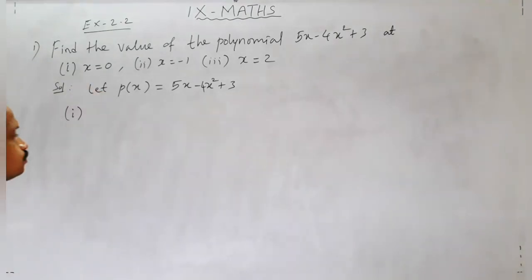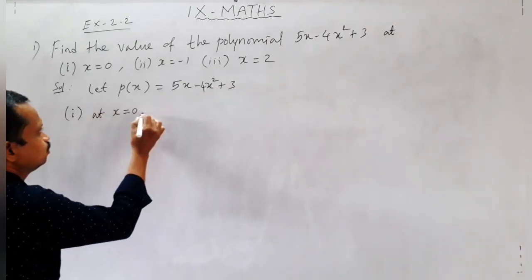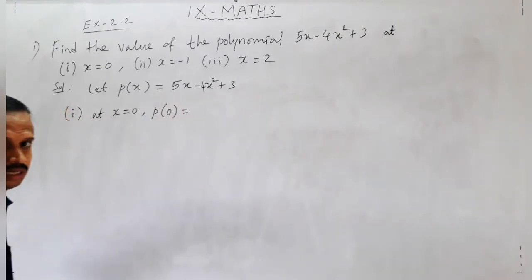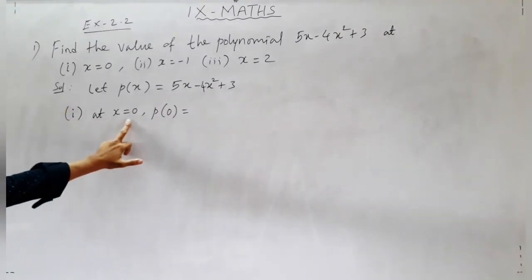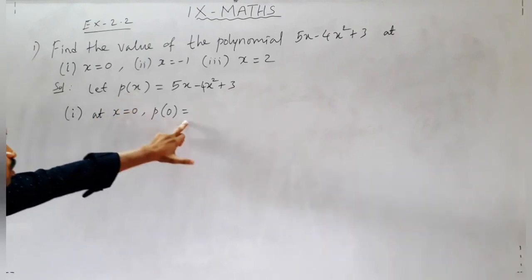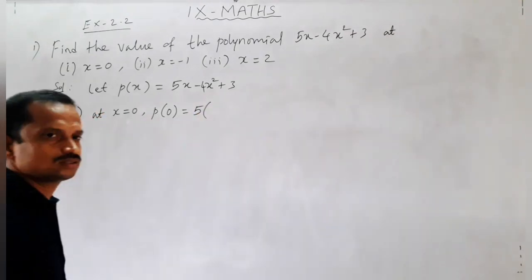And now, first option, x equal to 0. So at x equal to 0, what is p of 0? At x equal to 0, that means instead of x, put 0. So p of 0 is equal to, wherever you find x, you put 0.